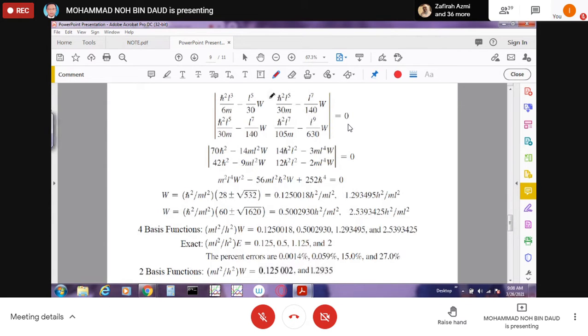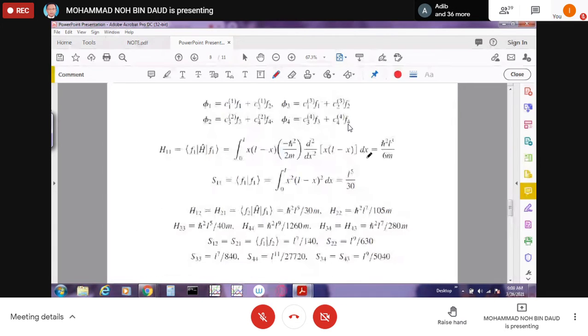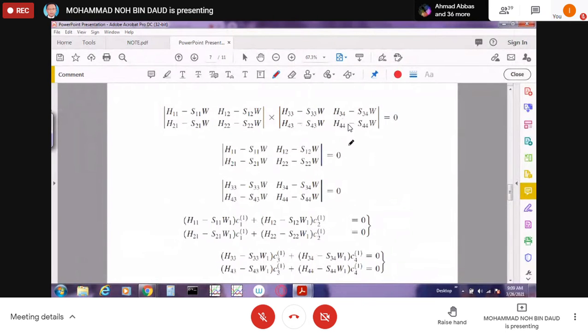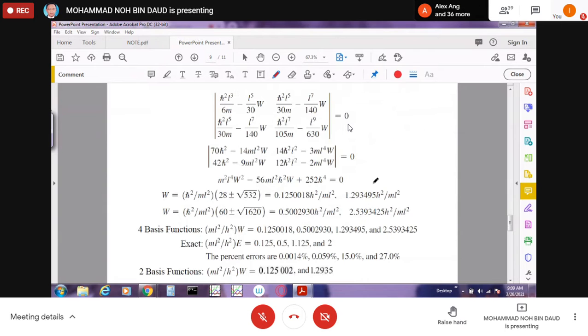Solving these secular determinants, we get two block diagonal matrices, the first block and the second block. So this is one of the block diagonal matrices.